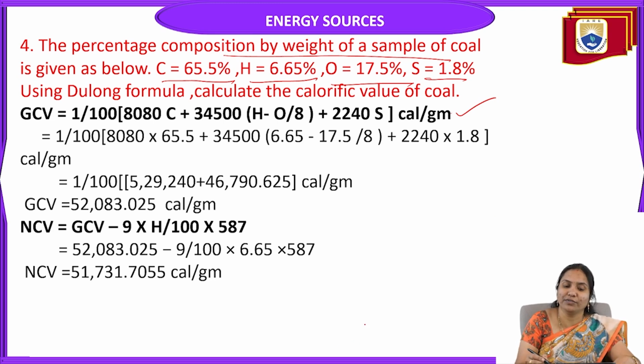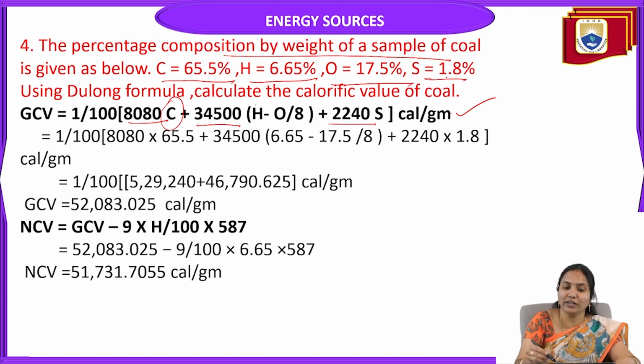Here for theoretical calculation, we assume that the calorific value of carbon is 8080 and hydrogen is 34,500 and 2,240 is the sulfur calorific value. These elements carbon, hydrogen, oxygen, sulfur indicate how much percentage of these elements is present in the given fuel.